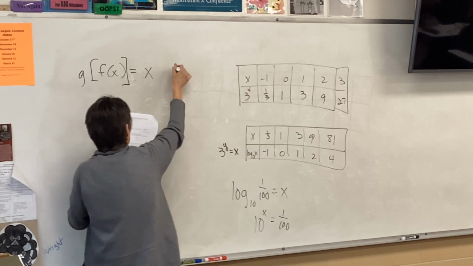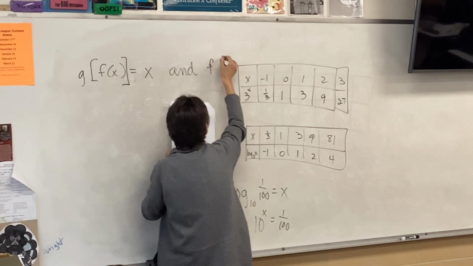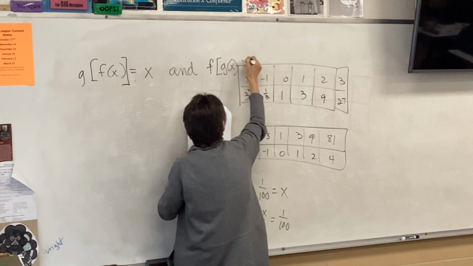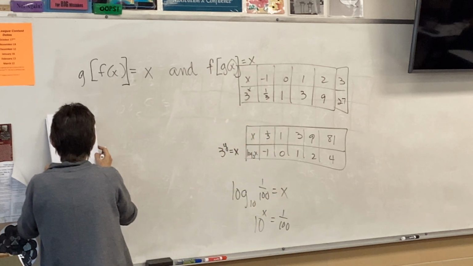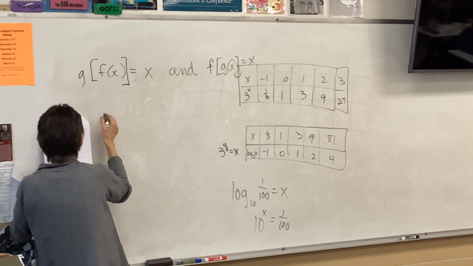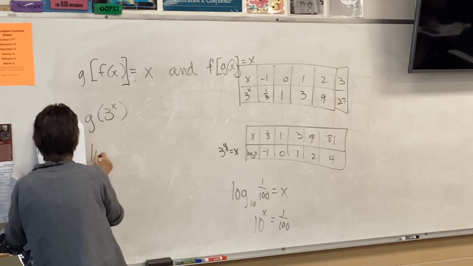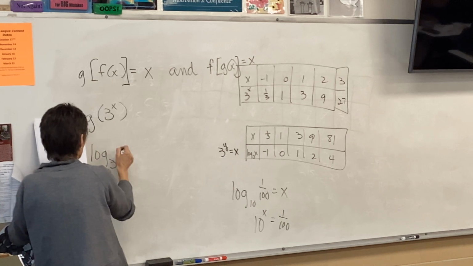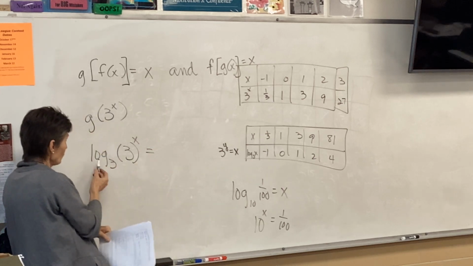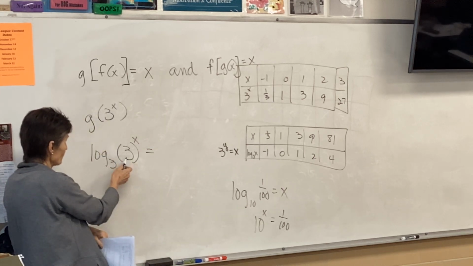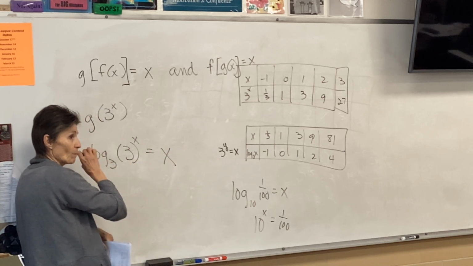And this is what I'm trying to show is going to happen. All right, so F is 3 to the x. So log base 3 of 3 to the x. What does that equal? The log base 3 of 3 to the x. Right? That's one of our properties.